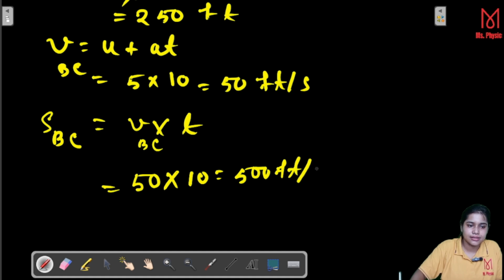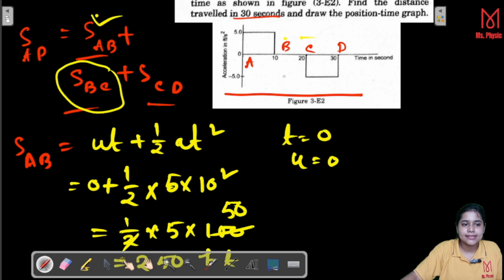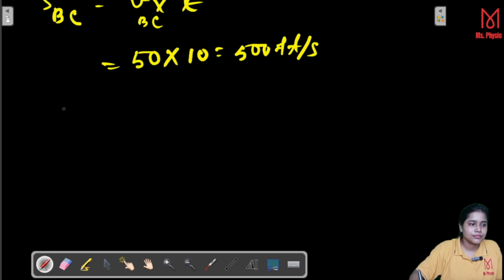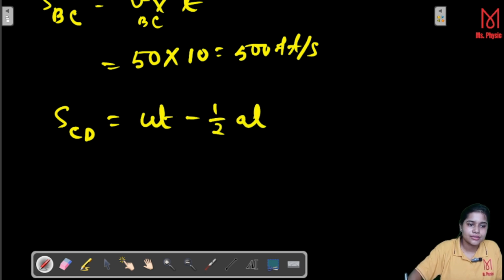Clear, right? Next we have to calculate SCD. For SCD, again we will use the formula ut minus half a t square.